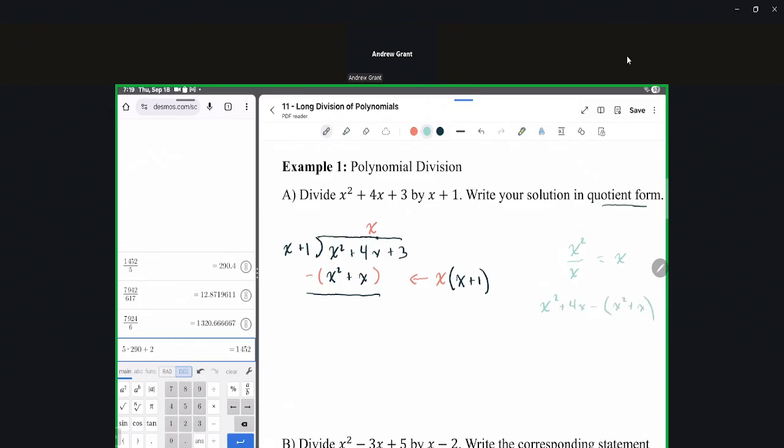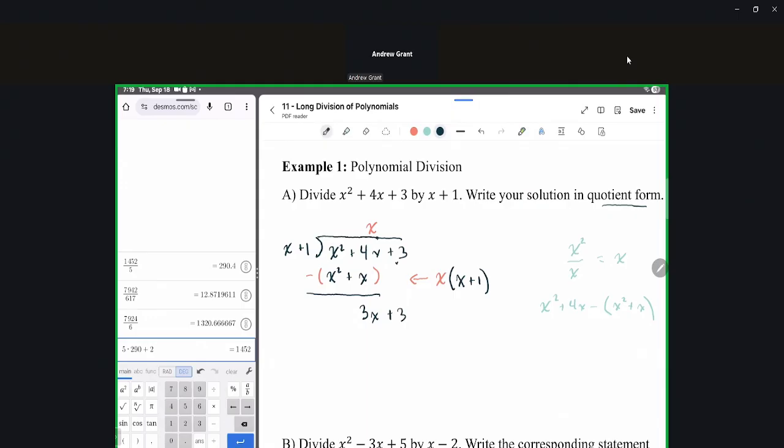But we're organizing this vertically. So x squared minus x squared is 0 by design. 4x minus x is going to give us 3x. Okay, because remember, we're minusing that off. And so we mark off the 3 and we bring it down.